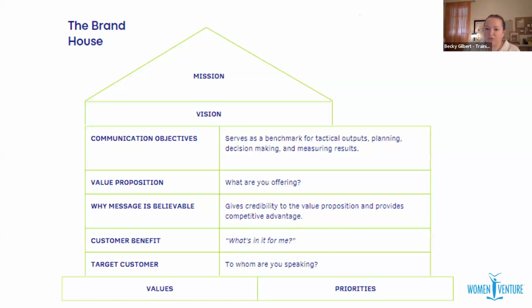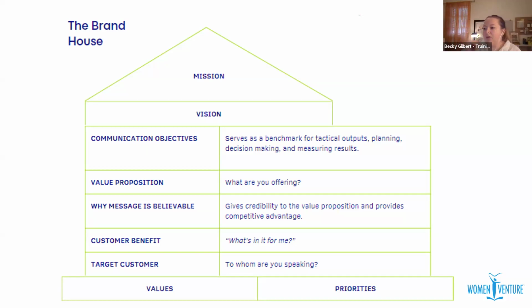This can take a few different forms. It might look like saying that you are a trustworthy business and then showing it by listing all of your qualifications as a business owner. It might look like saying that you're eco-friendly and then being really transparent about how and where you source your products or your inventory.